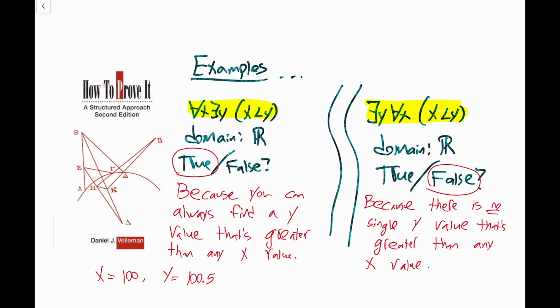So let's say that we say y is equal to 100. That's some specific value. Is that going to be greater than any x value we pick? Well, obviously no, because x might be 101. So there is no single y value that would make that hold.